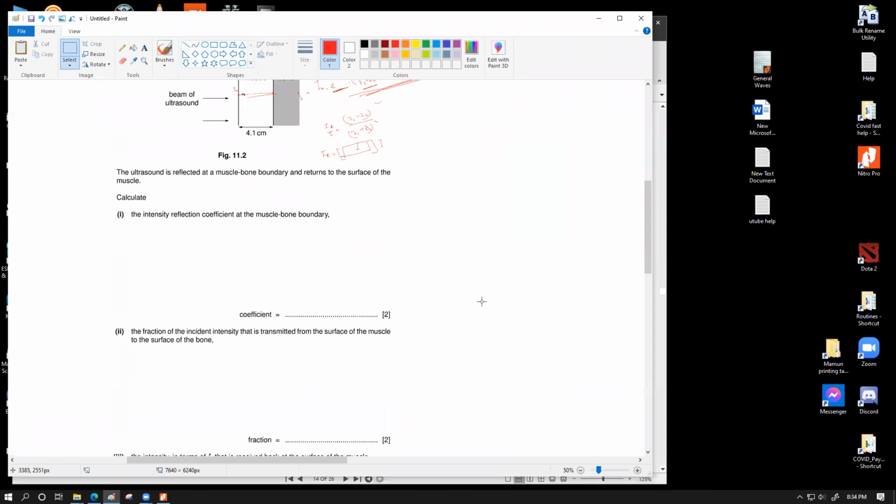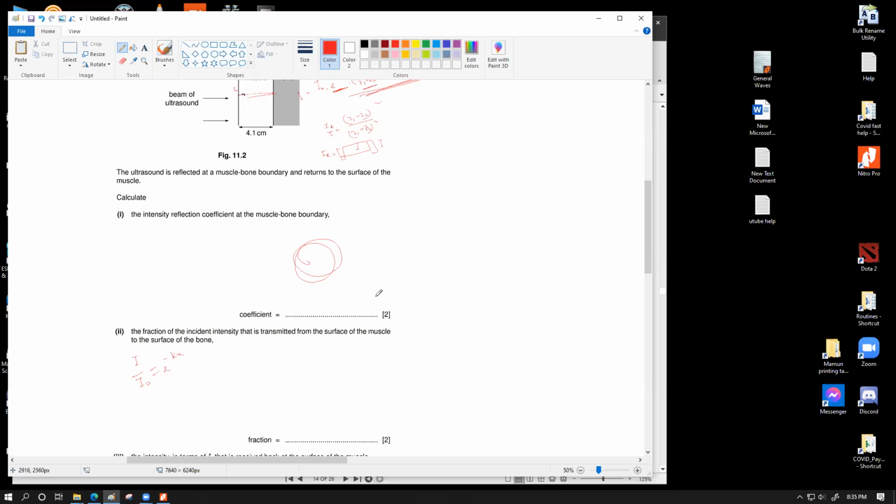Okay, so this fraction that they're asking us right up here is basically I divided by I naught for the transmitted wave, which would be e to the power minus kx. So if they're asking us to calculate how much would be the reduction factor happening for the traveling, here you're finding out the reflection factor. Here you're finding out the fraction for the traveling factor.